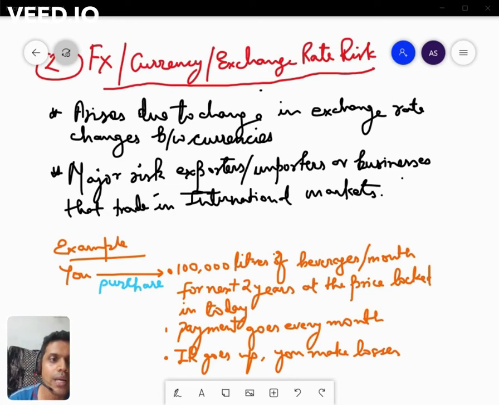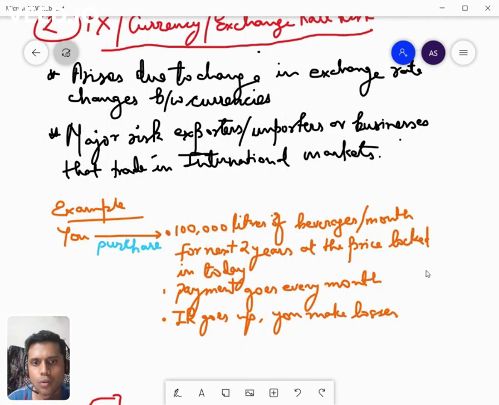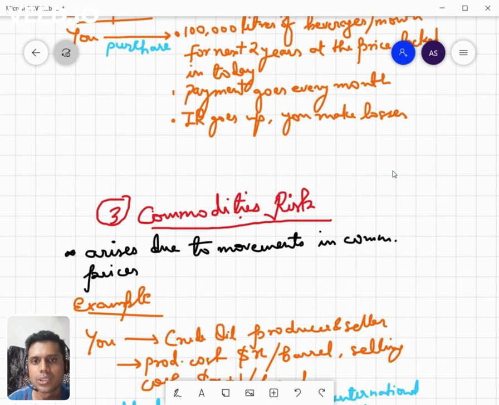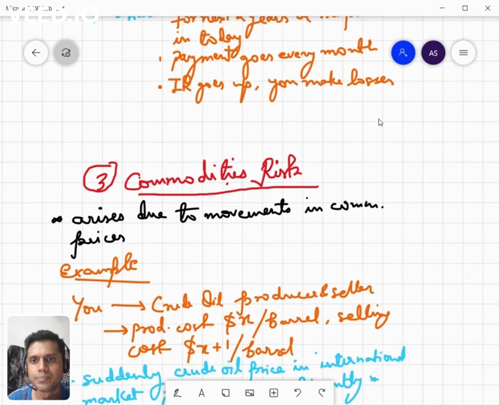So there is always a forex rate risk involved when you are dealing in foreign currencies, and this is an extremely basic example of how FX risk would come into play when trading internationally.